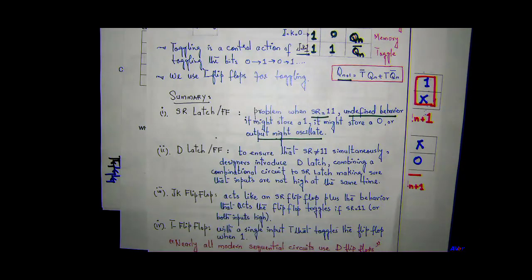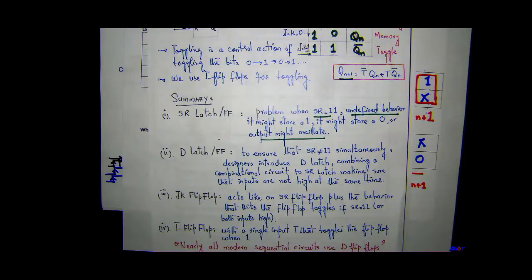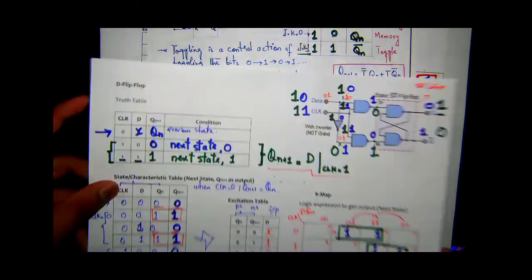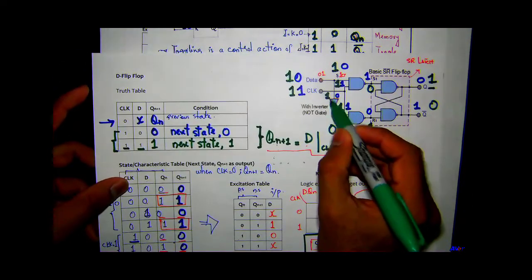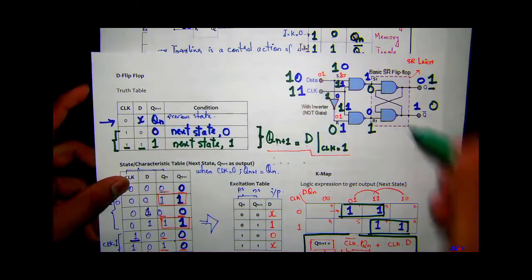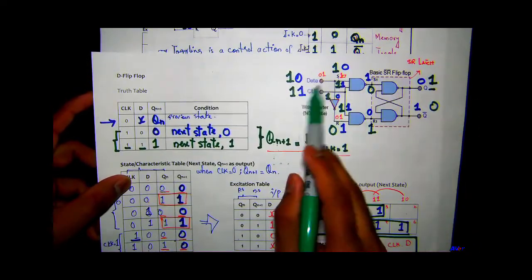To ensure that SR is not equal to 1 1, we can avoid that undefined behavior or forbidden state. So the designers use the D latch, a combination circuit added to the SR latch, making sure that inputs are not high at the same time, which was basically using an inverter and then feeding it into the NAND gate, so that S and R are not the same at the same time.